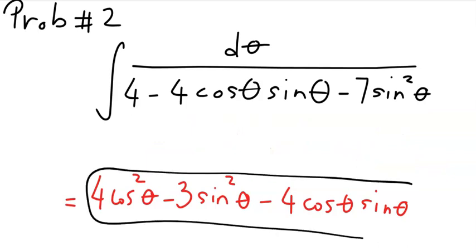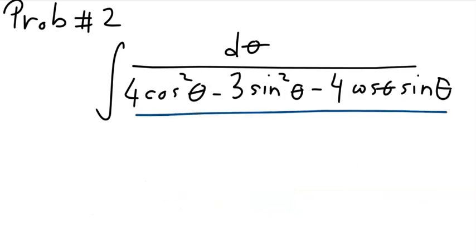So substituting this into here, the denominator becomes this, and this is still the original integral. All we have done is to rewrite the denominator in homogeneous form.